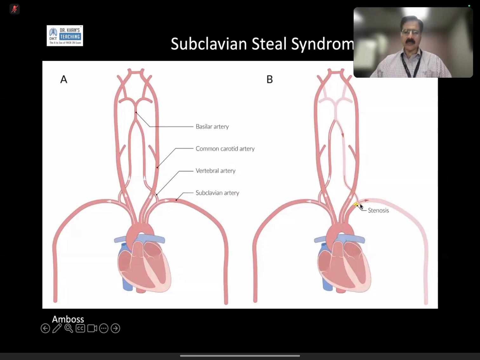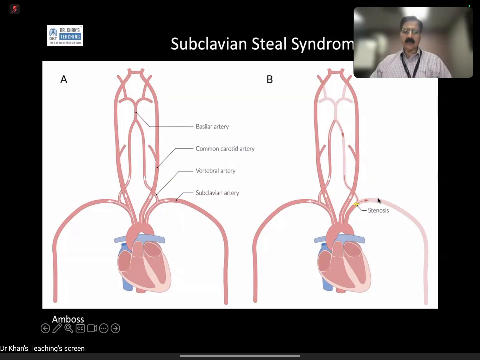The diagram shows you the left side. Our case was right side, and of course that was aberrant. So what happens is, please remember that the vertebral arteries arise from the subclavian artery. So the steal phenomenon happens. How does it happen? Steal of blood from the intracranial vessels.